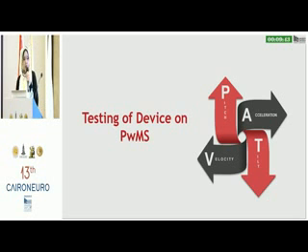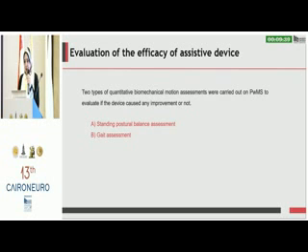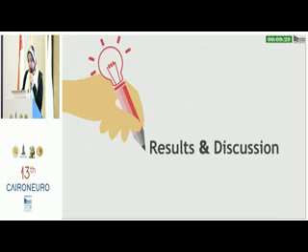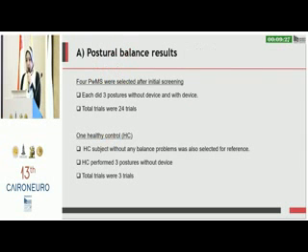To know the efficiency of the device, we validated it through 2 experiments, one for standing posture balance and one for gait. 4 patients with multiple sclerosis were selected according to inclusion-exclusion criteria.